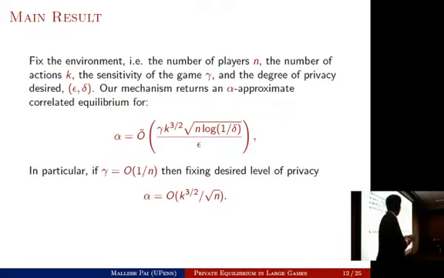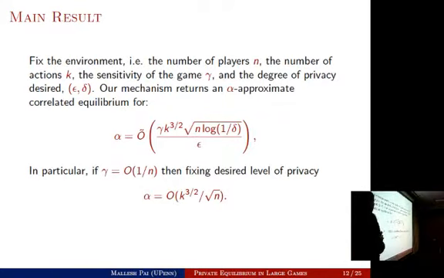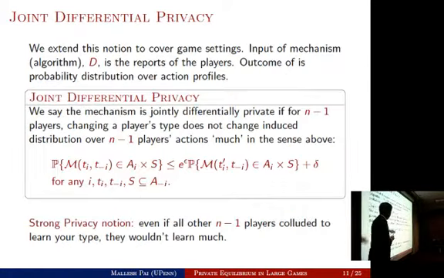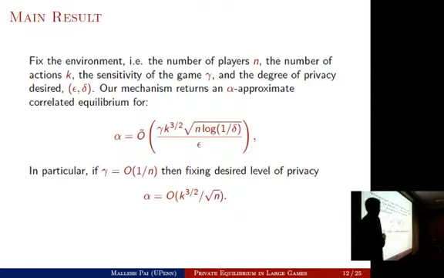Let me tell you the main banner result. The banner result says the following. For any game, given the number of players, the number of actions, the sensitivity of the game, and the degree of privacy you desire, these epsilons and deltas over here, we can construct a mechanism that is private up to the desired degree and returns an alpha approximate correlated equilibrium of the complete information game for every report of types of the players, where alpha is this.